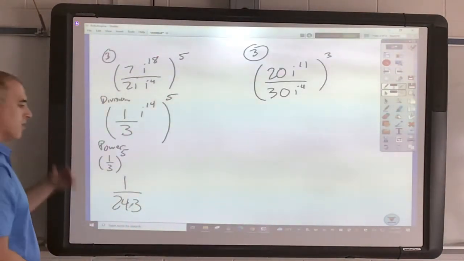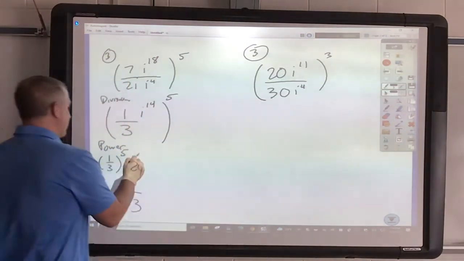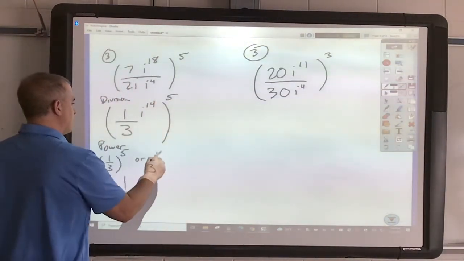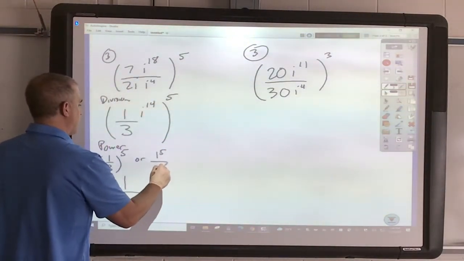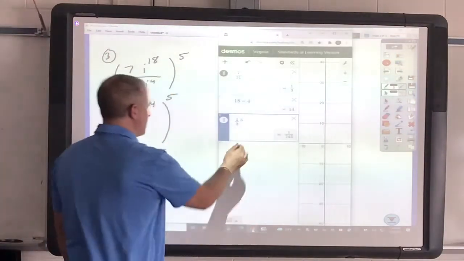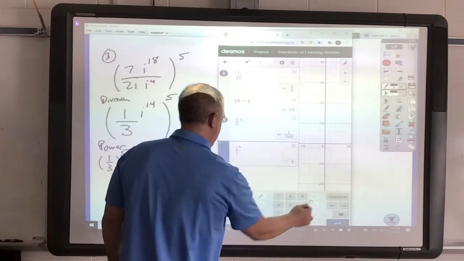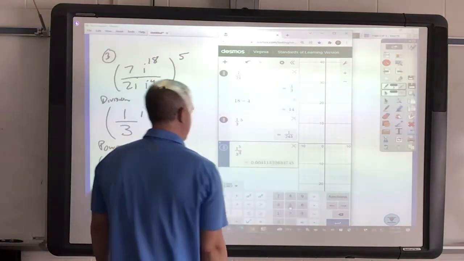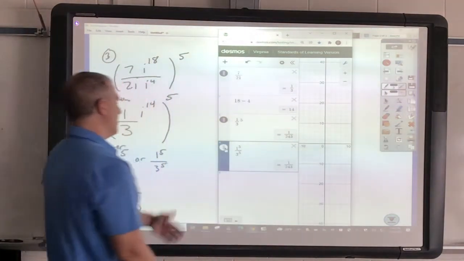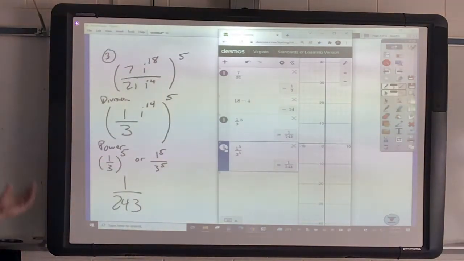Or I can do 1 to the 5th divided by 3 to the 5th. It really doesn't matter what you do. As you can see, you get the same answer either way. It's all depending on how you want to do it.